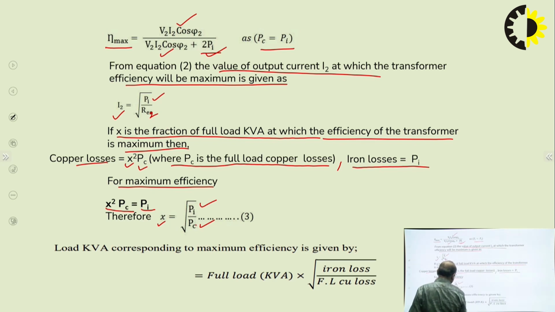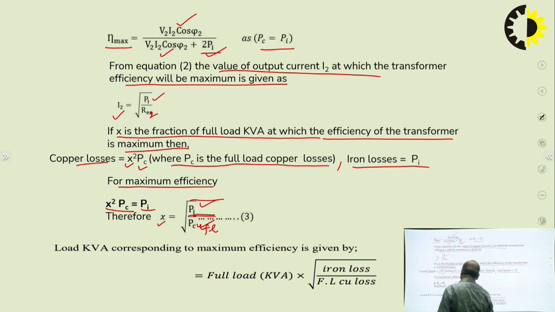We can also write it PCUFL, full load copper loss. So, this is under root of Pi upon PCUFL, that is equal to X, which is the factor in product with full load. That means the load X times of full load at which maximum efficiency can take place.